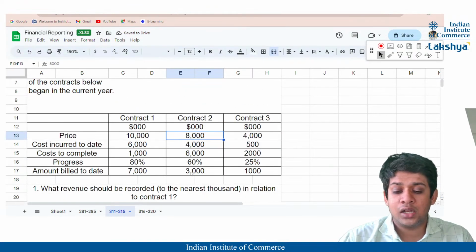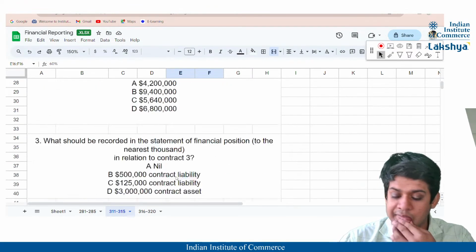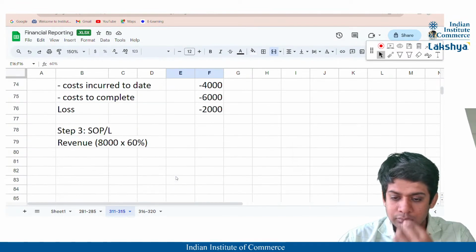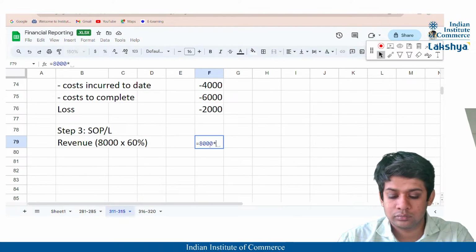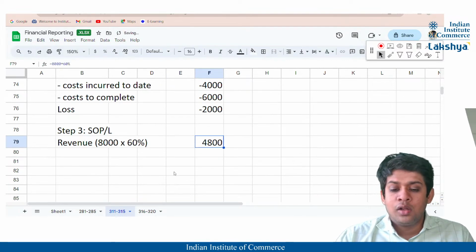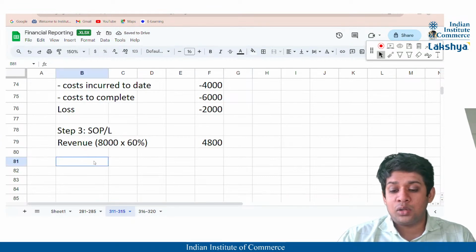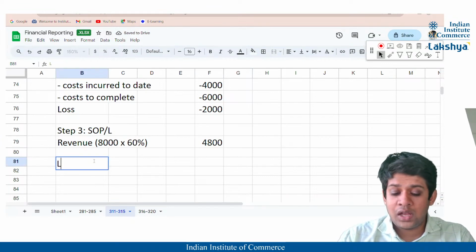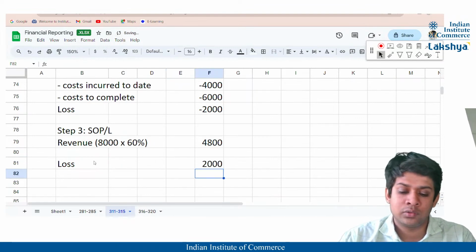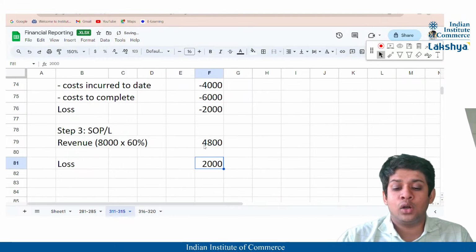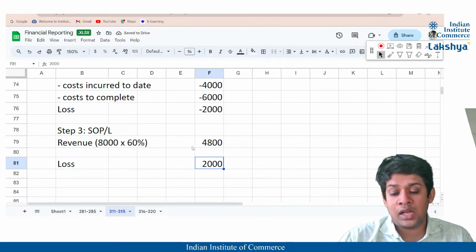You can see here 8,000 and 60%, which will be 4,800 is the revenue that we can recognize, and we have to actually create a loss for the year of 2,000 anyhow.